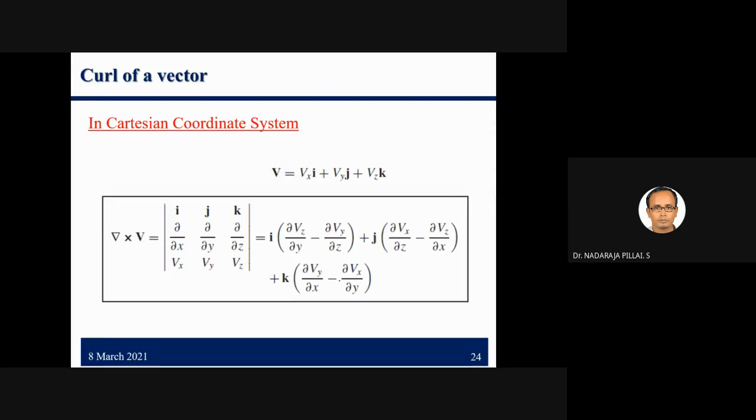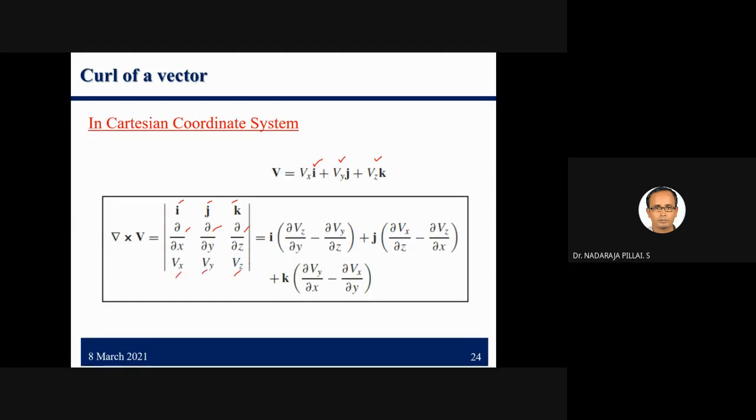The curl of the vector in the Cartesian coordinate system, we can represent V is equal to Vx i, Vy j, and Vz k. Then we can write del cross V in the form of a matrix with i, j, k, then dou by dou x, dou by dou y, and dou by dou z, then Vx, Vy, Vz.